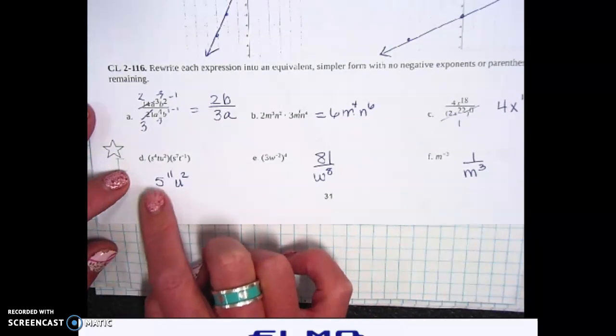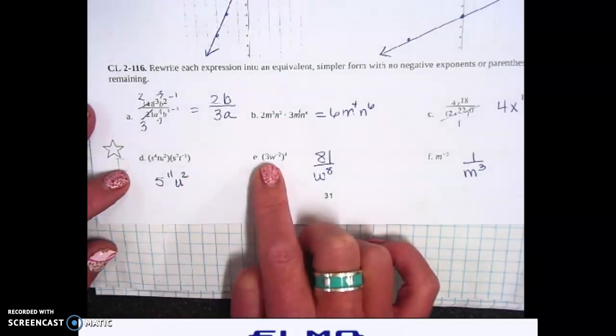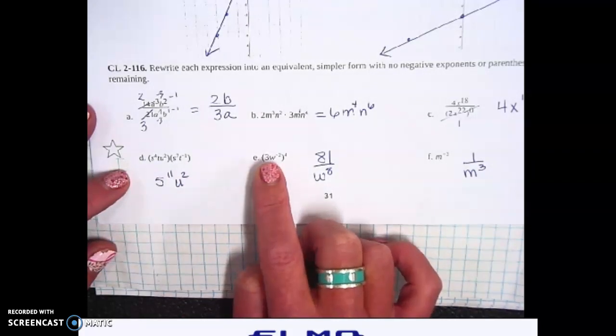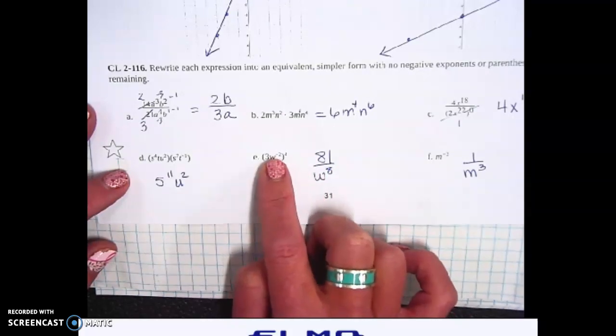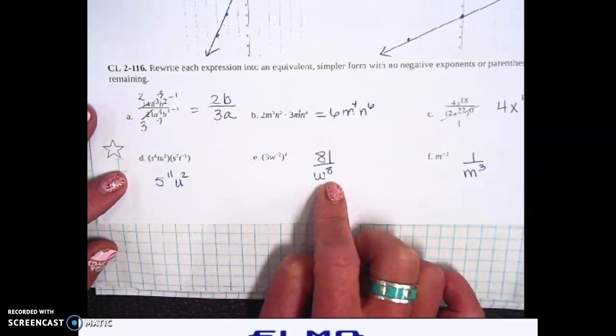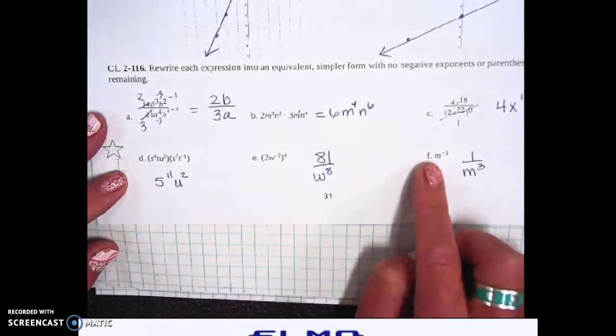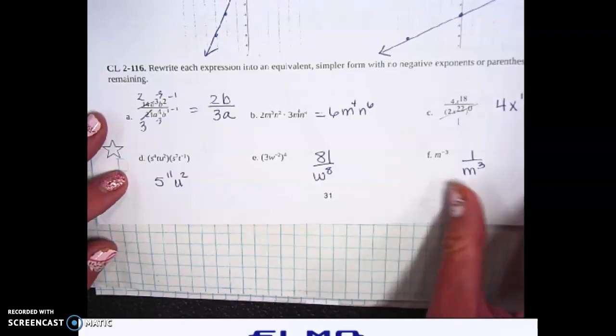So the final answer is s to the 11th, u to the 2nd. For part E, I had 3 to the 4th power, which is 81. And then I had w to the -8th power, which moves it to the denominator, and the exponent becomes positive. Same thing with f. Moves to the denominator, the exponent becomes positive.